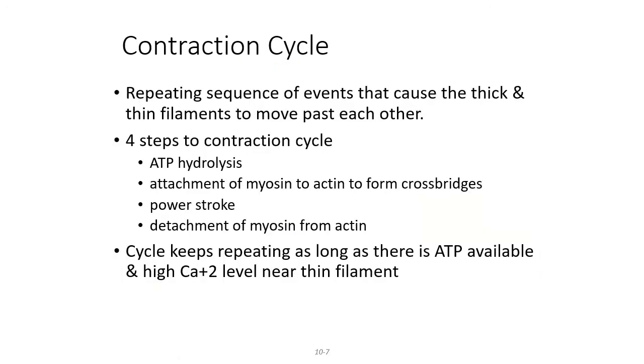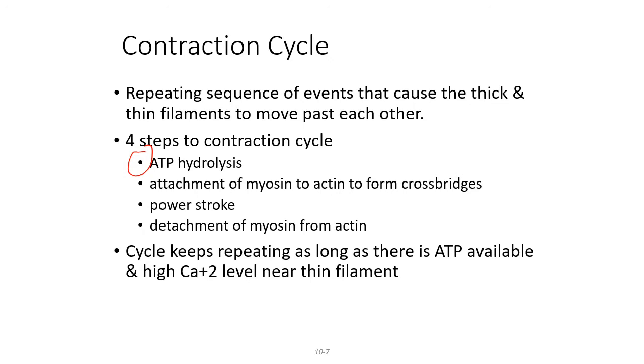So contraction itself is a series of 4 events. Essentially it begins before we're ready for contraction to occur, because we have to do ATP hydrolysis. This ATP hydrolysis is going to provide the energy to get the myosin ready to go.